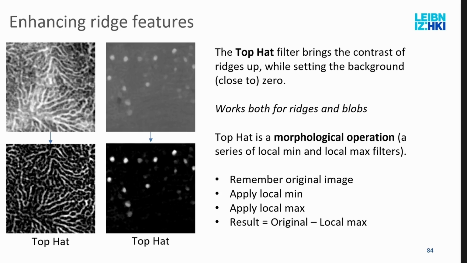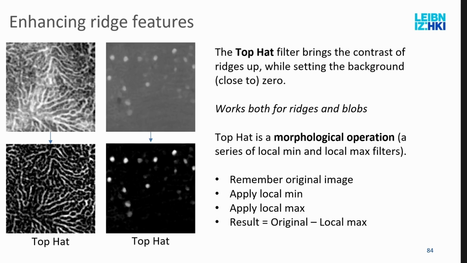And it is a so-called morphological operation. I explain them in a later slide, I hope. That is basically a series of local minimum and local maximum operations. It's just easier than the mathematical definition. What it does here is basically, okay, I keep my original image around, as the image analysis tool will do it internally.